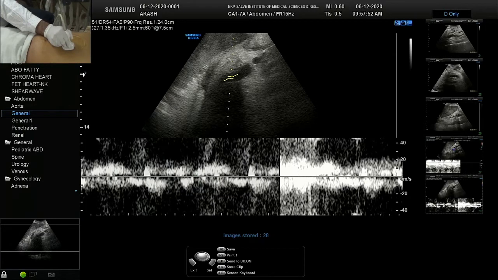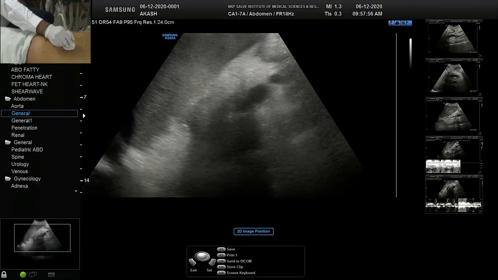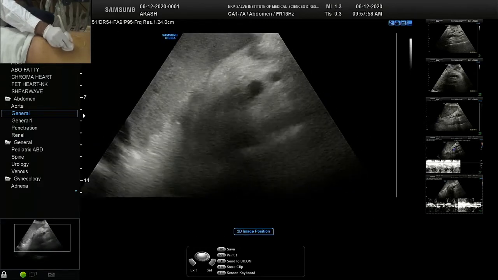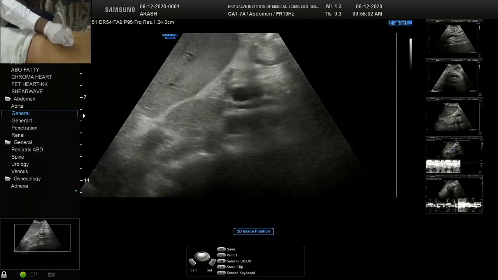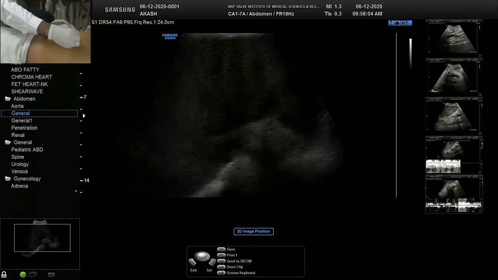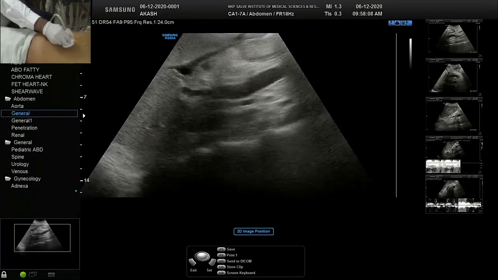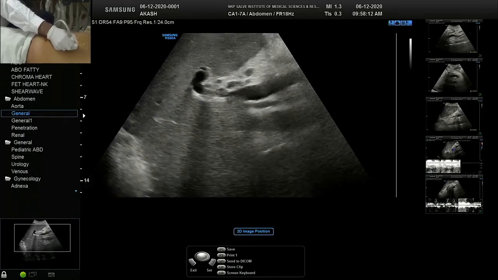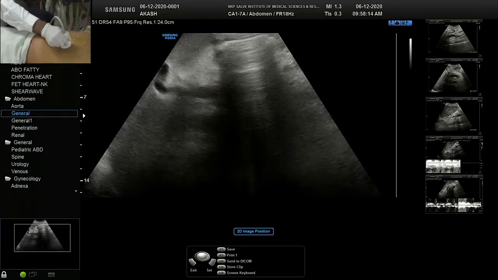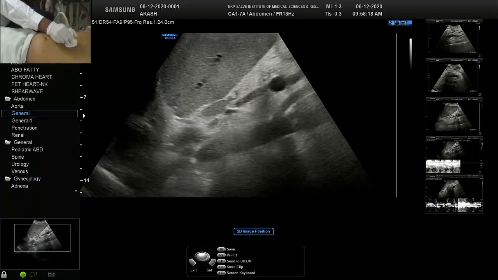If you don't want velocities, you can just turn off the angle, because the ratios don't change, only the PSV or end diastolic velocity will change with the angle correction. So that is the vein there.